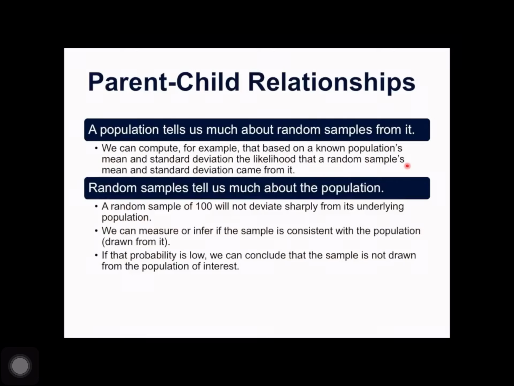Random samples will tell us much about the population, so it works both ways. We know much about our random sample. It's telling us about the population, and the population is telling us much about our random sample. A random sample of 100 is not going to deviate sharply from the underlying population. So we can infer with confidence the population's properties, especially its mean and standard deviation.